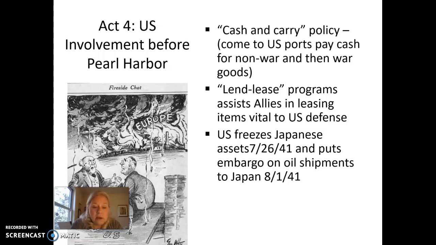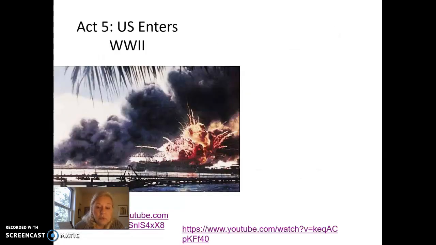That means that Japanese people could not access the assets they had invested in the U.S. They also put an embargo on oil shipments to Japan by August 1st, 1941, which means that they were not sending or selling oil to Japan. And as we know, oil is essential for any kind of industrial activity, including war. So, this was a pretty big deal.